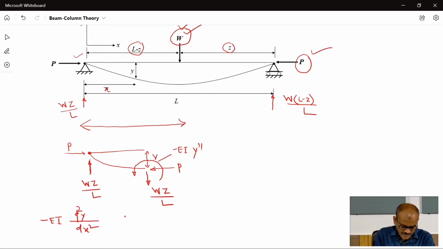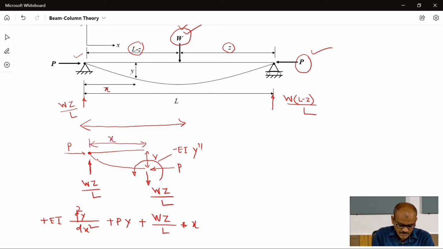Bringing everything to one side, we write plus Py plus Wz by L into x, because this distance is x.